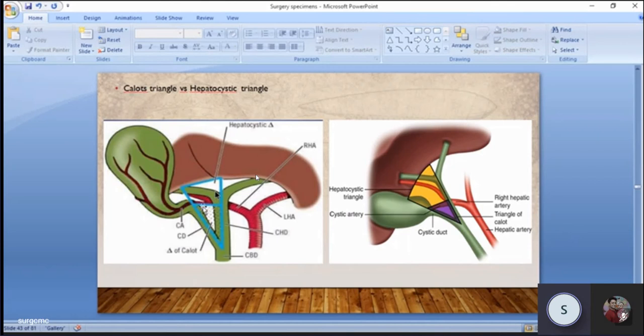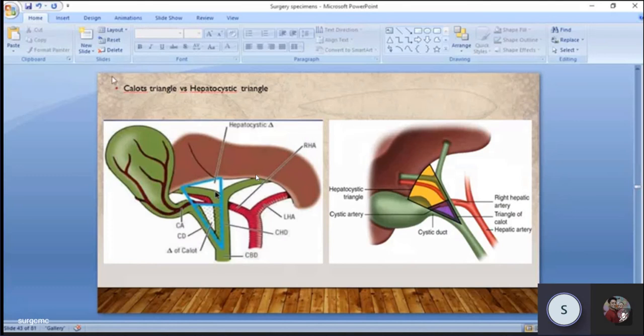Its boundaries are the common hepatic duct on the medial side, the cystic duct laterally, and the lower border of the inferior surface of the liver above. This original Calot's triangle is known as the hepatocystic triangle. The contents are the artery and lymph node.